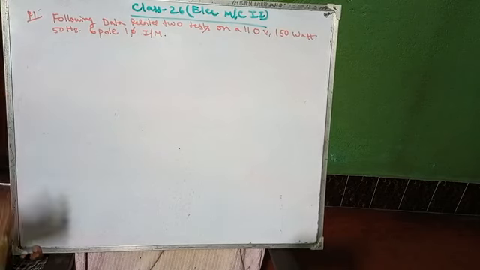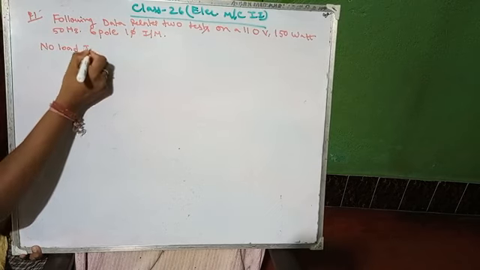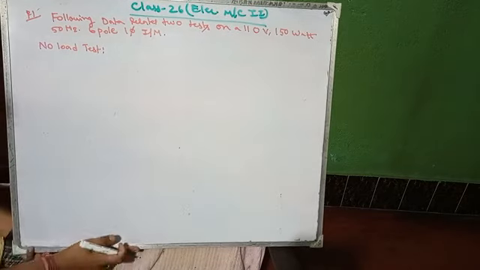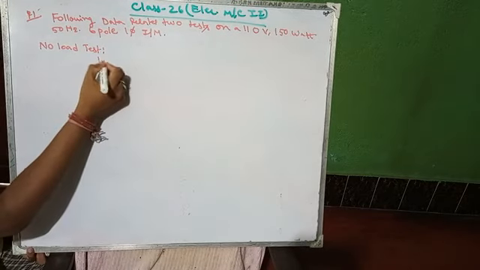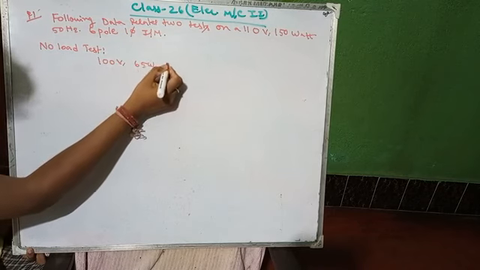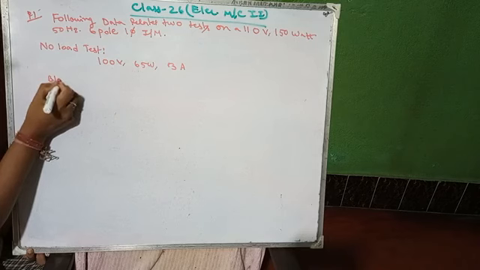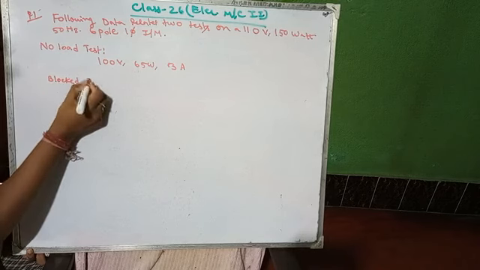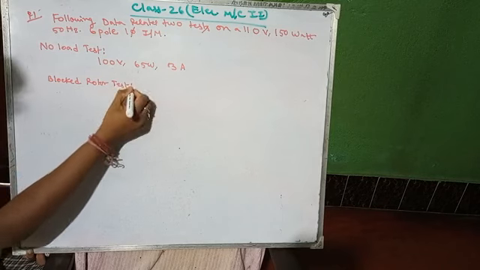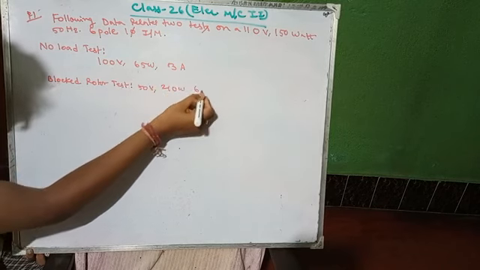Okay, so your result is for the no load test: it will be 100 volt, 65 watt and 3 ampere. And for the blocked rotor test, it will be 50 volt, 210 watt and 6 ampere.